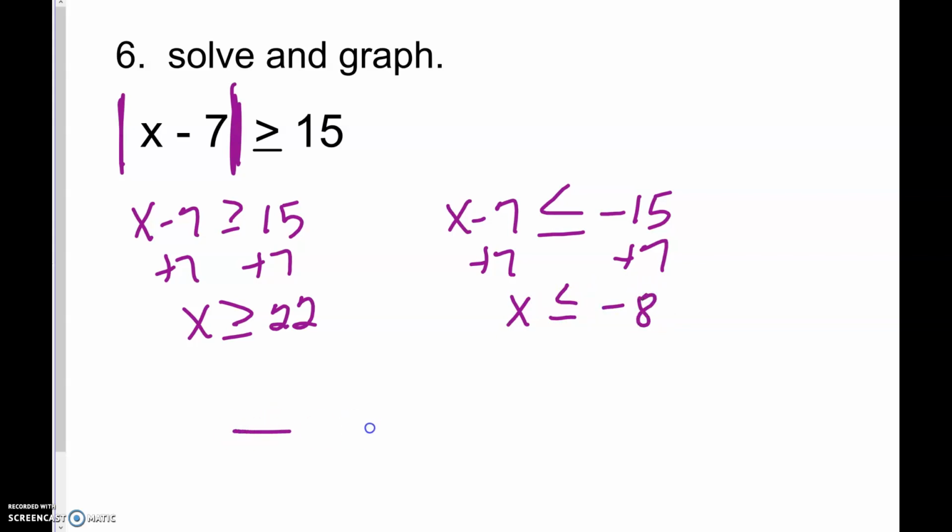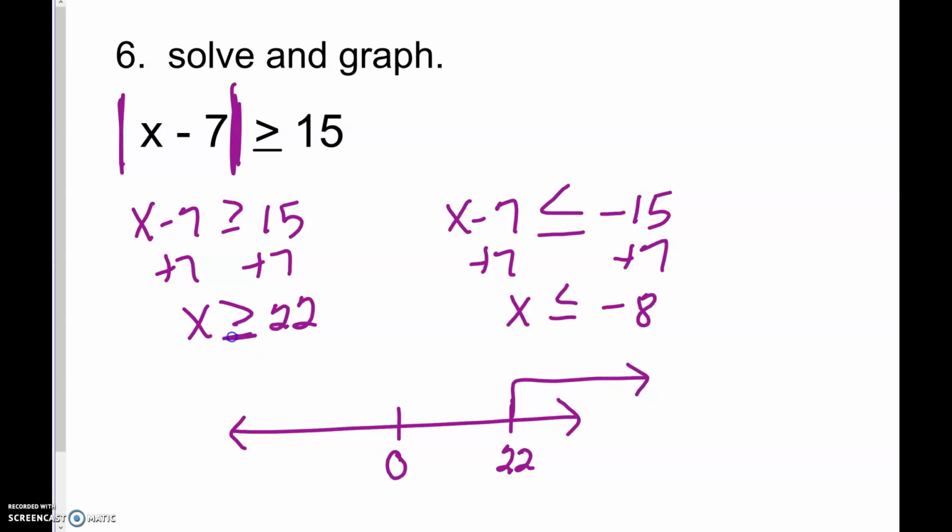Now, when we have these inequalities, we need to graph these. So if I graph this first one, any number greater than 22, bigger is going to go to the right. Now at 22, is this an open or a closed circle?